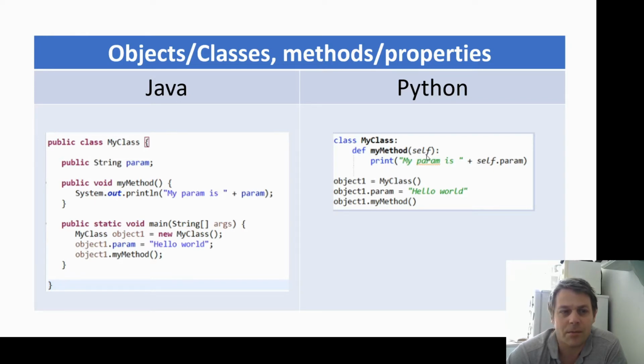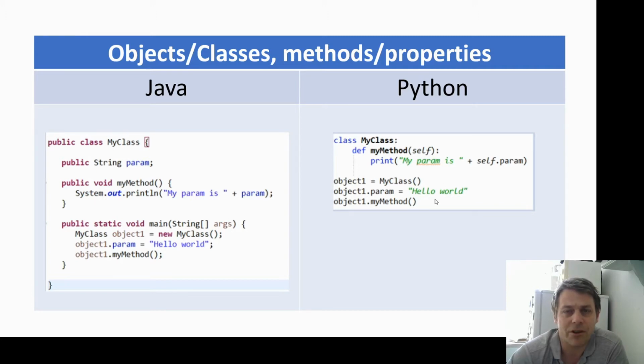Now we always seem to put self in as a parameter of the method, but it just gets ignored, and I'm not sure why we're doing that, but maybe at a later date I'll realize there's a good reason for it. But every method always has self as one of its parameters, but when we call the method, for example here we're calling my method, we don't provide anything, so self just goes in there.